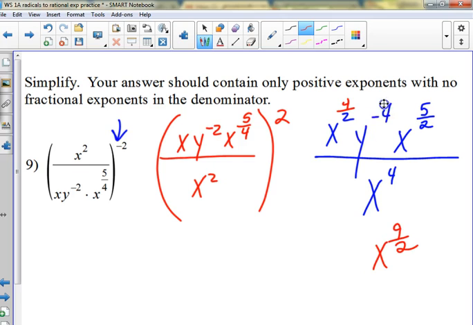Okay, can I move this y guy to the bottom at the same time? That won't hurt anybody's feelings. We have an x to the 4th and a y to the 4th. Are we done? Okay. We're never done, right?